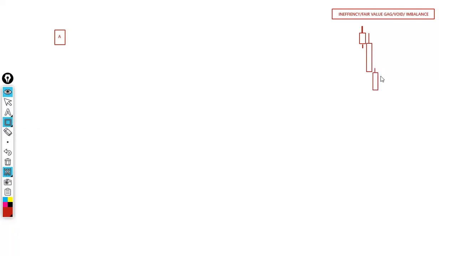Maybe the next candle retraces into that one, and then we have a continuation to the downside. Now, what do we consider as an imbalance? This is an imbalance. The sell orders here were not filled. So we had more of the sellers alone in action. There were no buyers who filled the orders here.